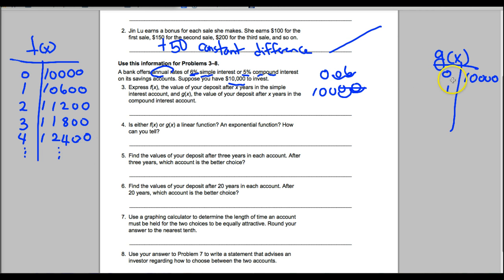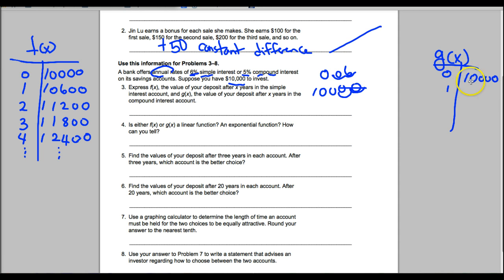So for the compound interest though, what that means is you start with a $10,000 balance, and then they're going to give you compound interest. What that means is they're going to give you a 5% increase on your balance, okay?